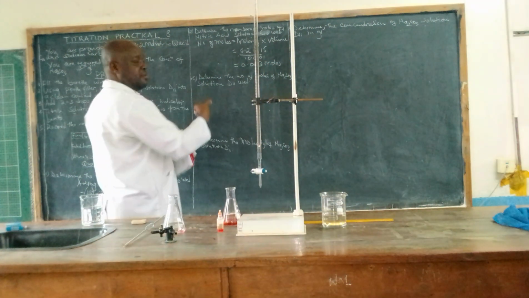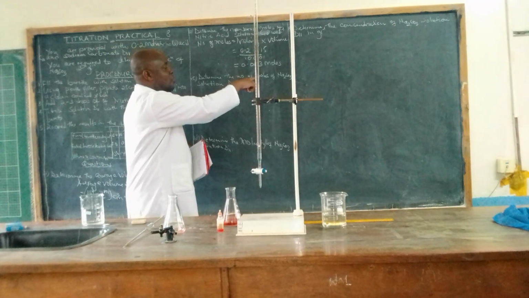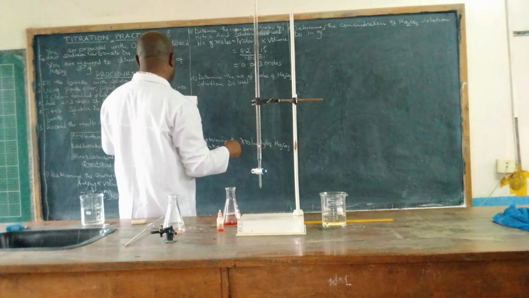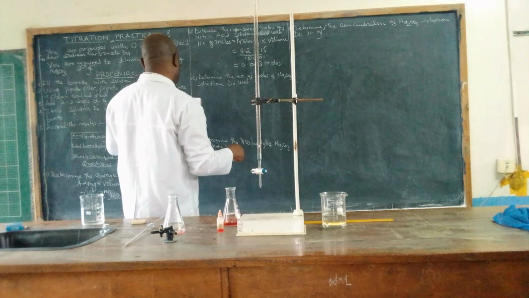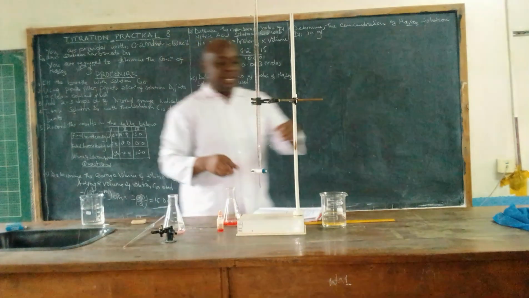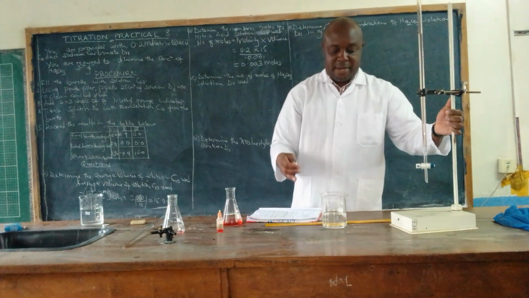Then here we have been told to determine the number of moles of sodium carbonate solution used. Now in this case, we must write the equation first. Let me just put this one aside so that you can view properly.